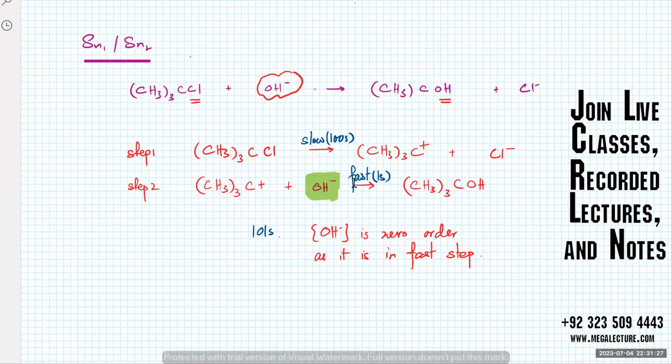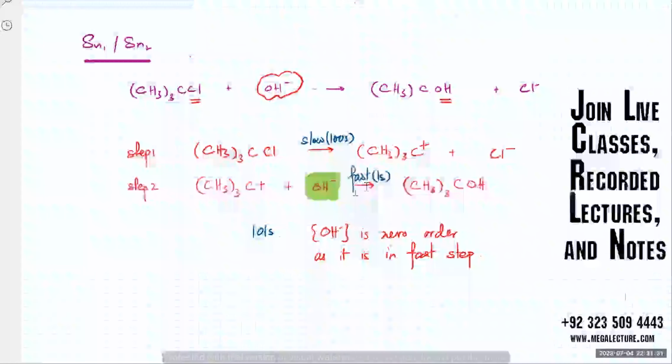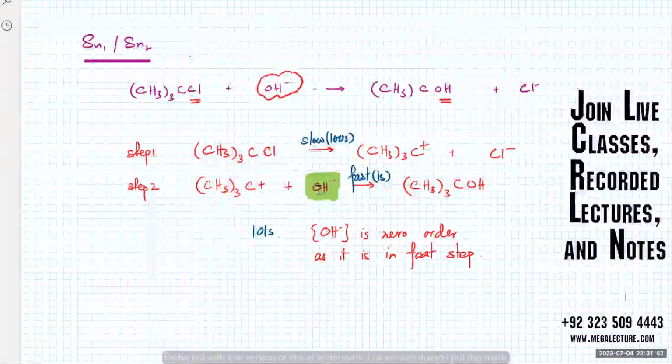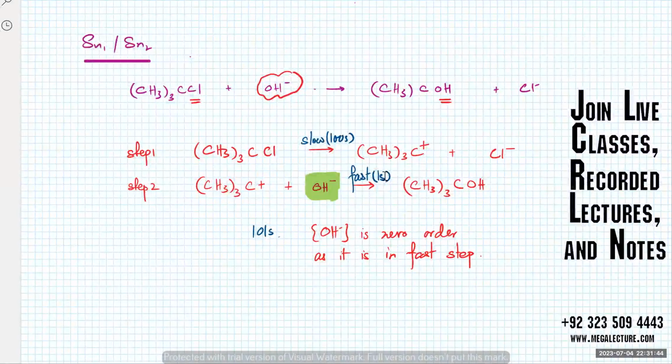Because it's in the step which is the fast step, which is the fastest step. So even if you increase the OH ion concentration, the slow step will not increase, right? Because it's not even involved in the slow step. If I increase the concentration of OH ions, your fast step is going to increase.